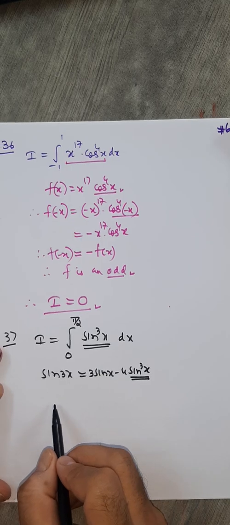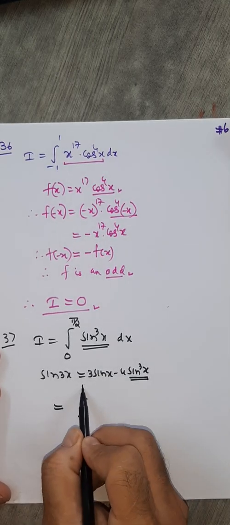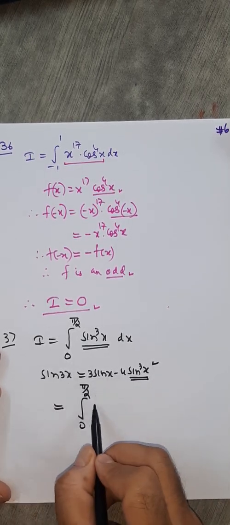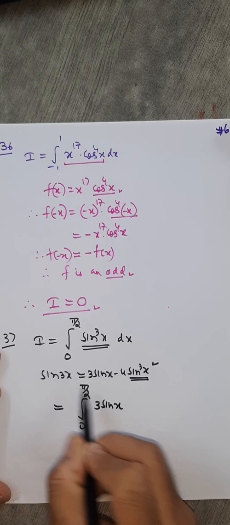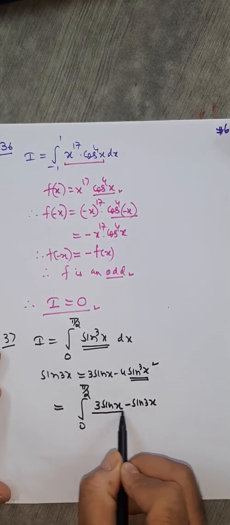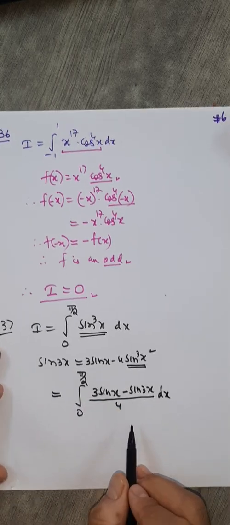We did a number of questions in indefinite integral. So 0 to pi by 2, we are making sine cube the subject of the expression. So (3 sine x minus sine 3x) by 4. This 4 will go down, dx.